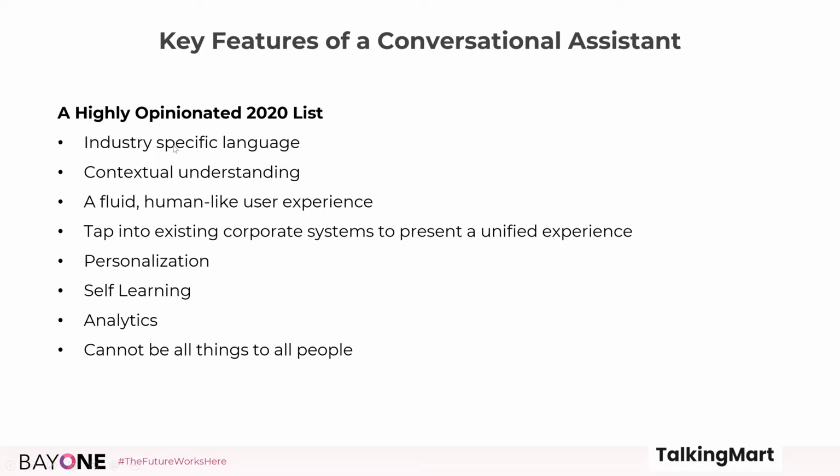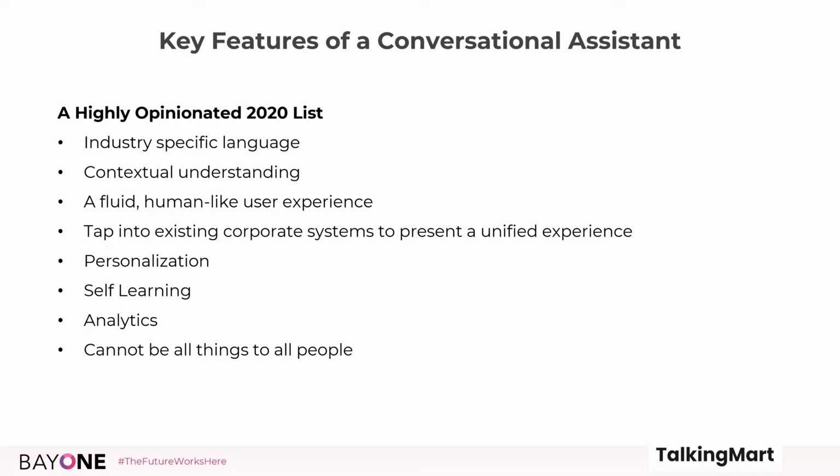An industry-specific language. I think this is absolutely key. If you look at the advances that have been made in the field of machine learning, you'll find all these, GloVe and BERT and all these are excellent corpuses of words. But the moment you get into industry-specific, those break down. So no matter what your industry is, right?